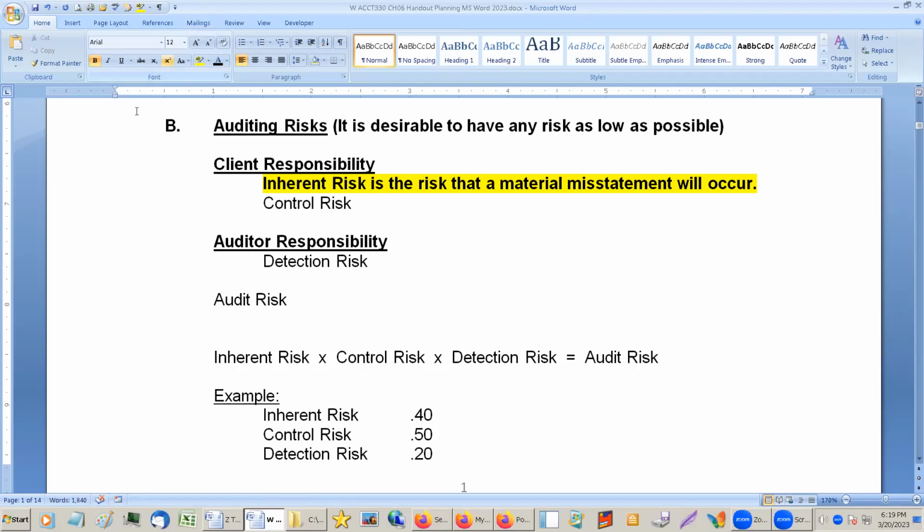So it's never to have any risk as low as possible. Low is what you're looking for in risk. The risk that a material misstatement will occur, hopefully that doesn't happen very often. So you want that inherent risk to be low.